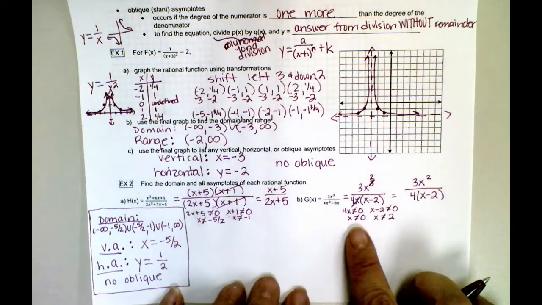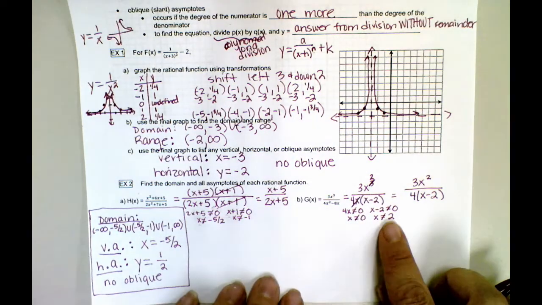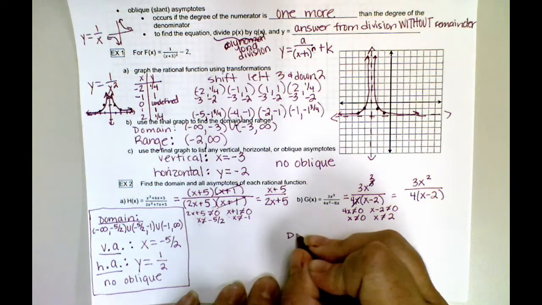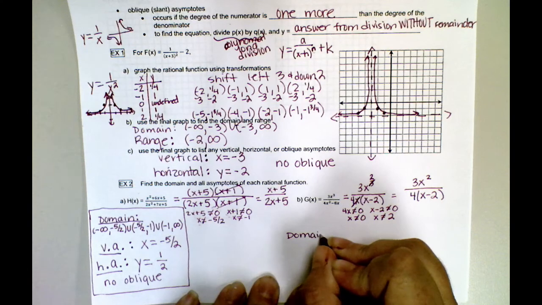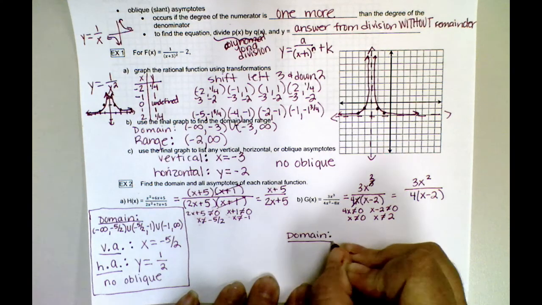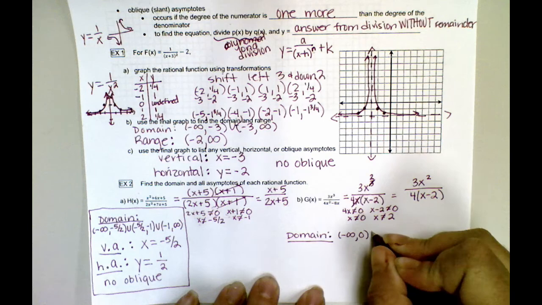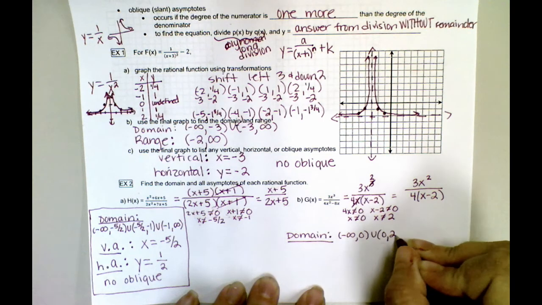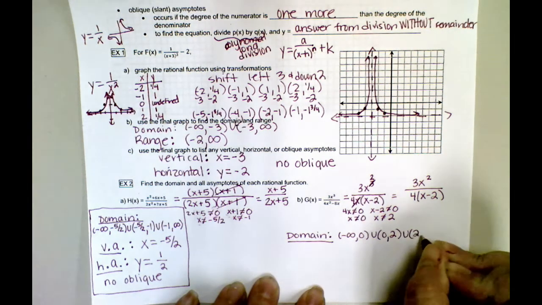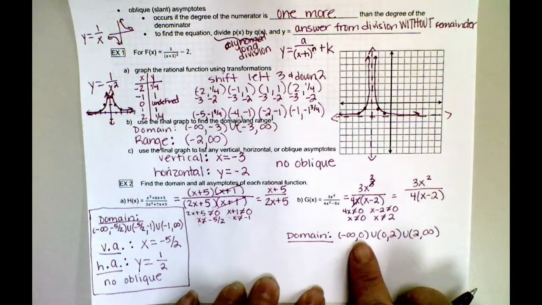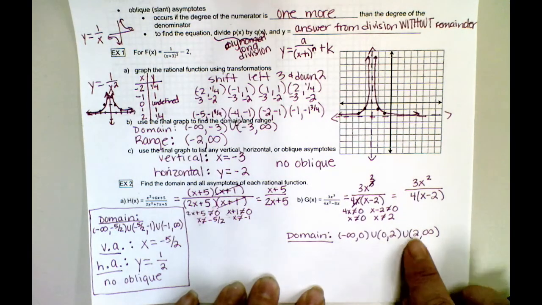So x can be anything except 0 and 2. So my domain, I can go from negative infinity to 0, from 0 to 2, and from 2 to infinity. So skipping over the 0, skipping over the 2.